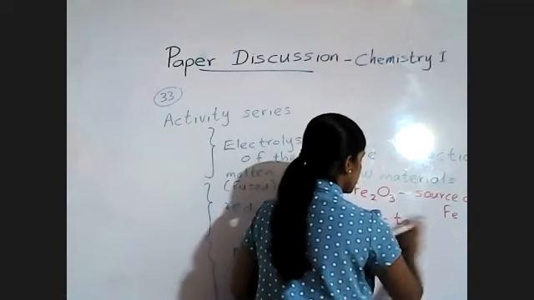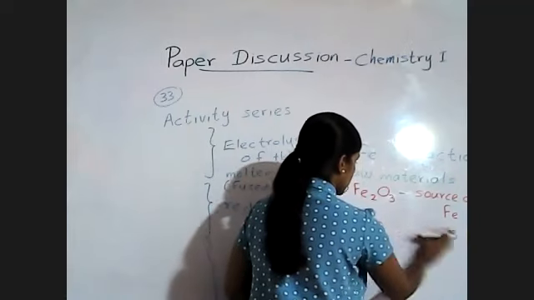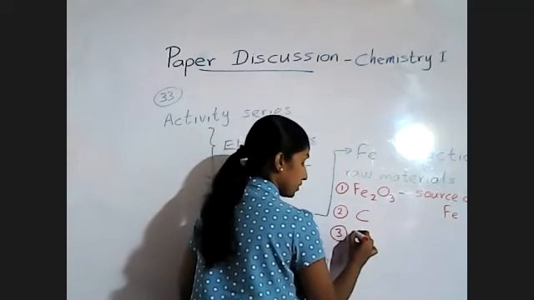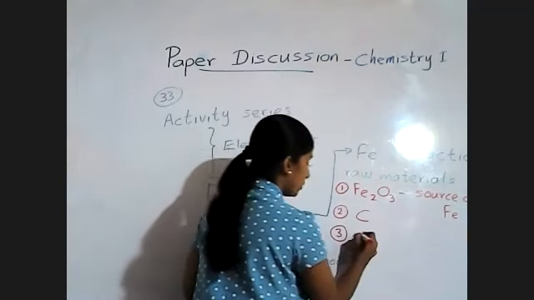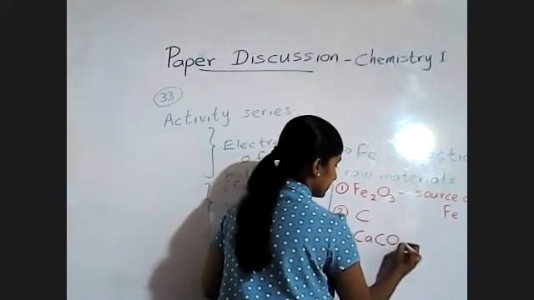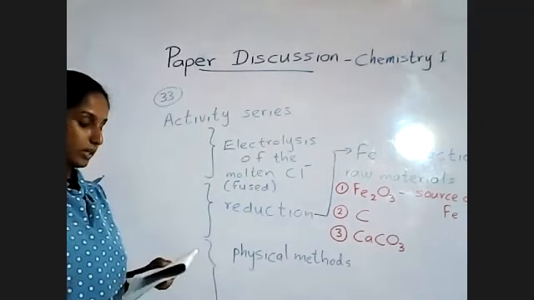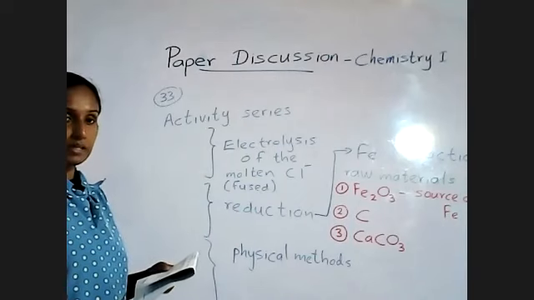So we use this as the reductant or to form carbon dioxide. The third one, we use limestone or calcium carbonate. What is the purpose of that one?